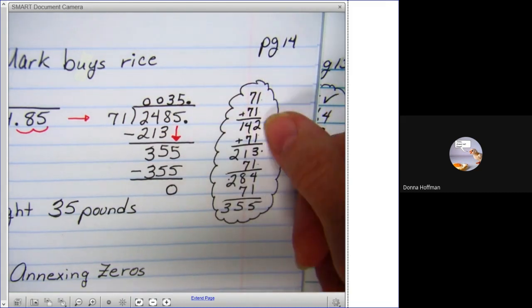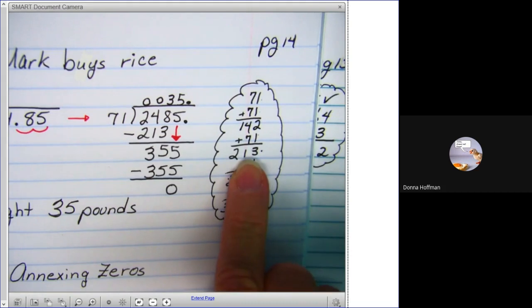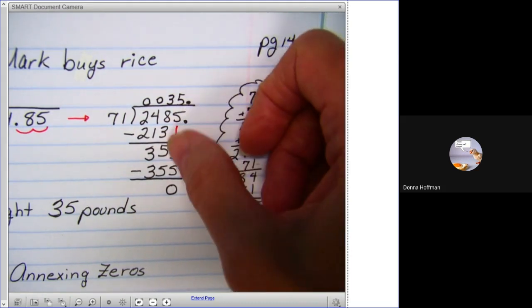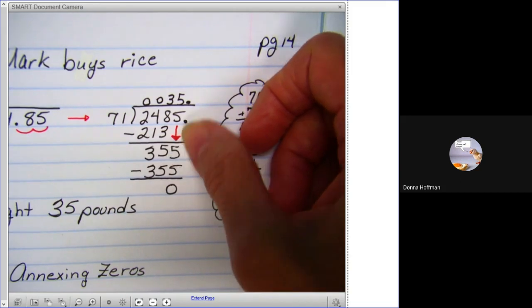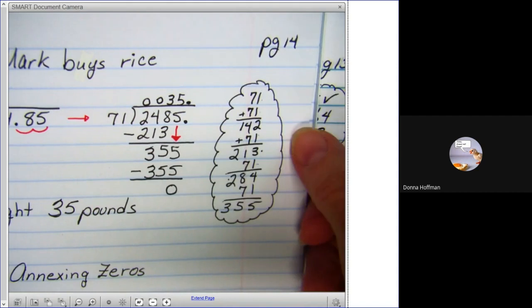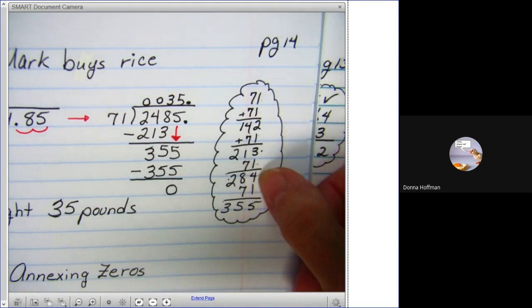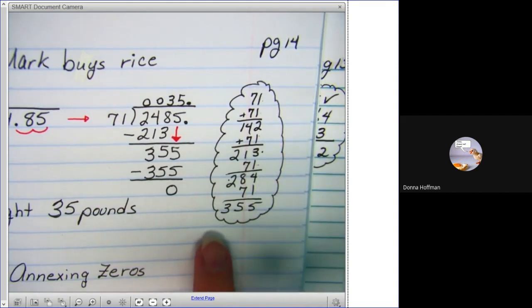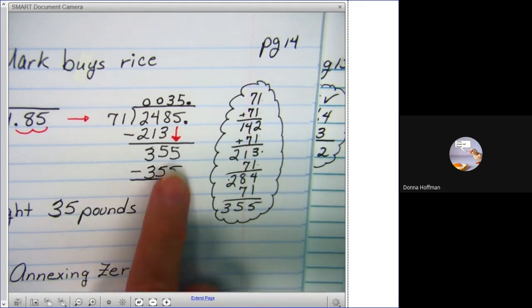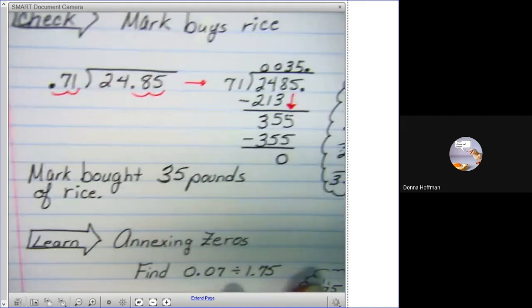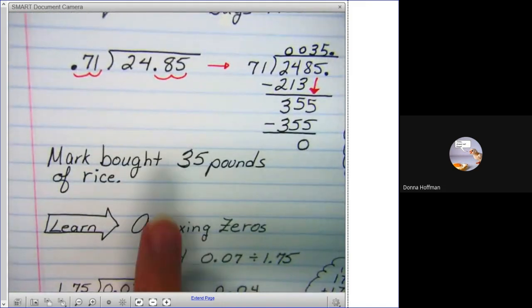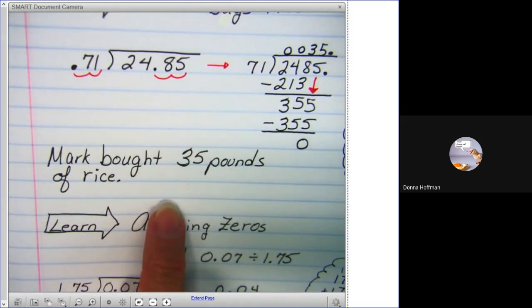I added them up until I got to 213, and that's 3 sets. So I subtracted that out and got 35. I brought down my next digit to give me 355. So I just continued adding up sets of 71 until I got to 355. My quotient says 35, so that means Mark bought 35 pounds of rice.